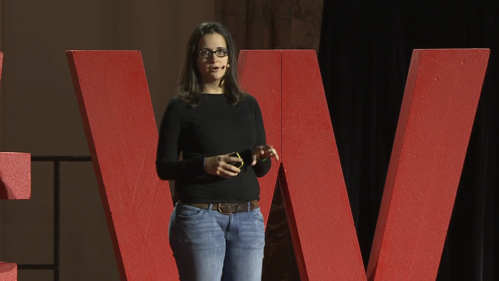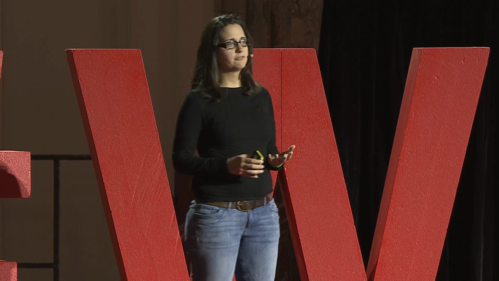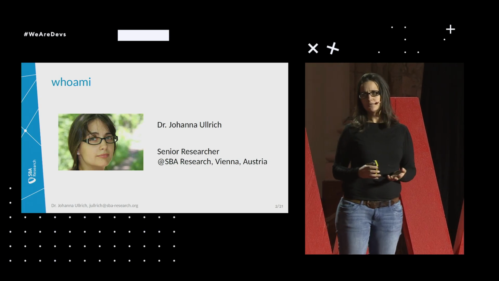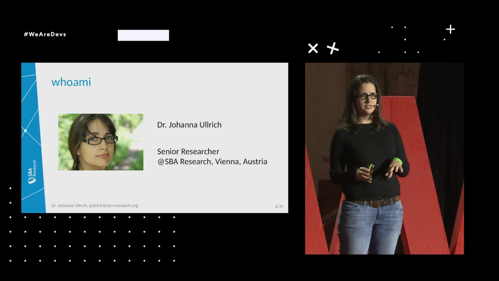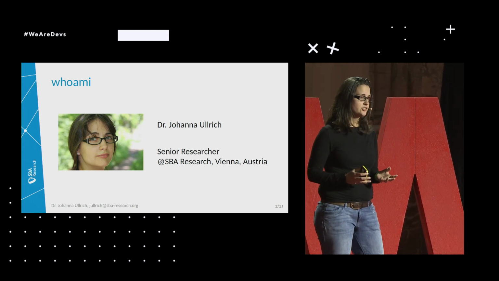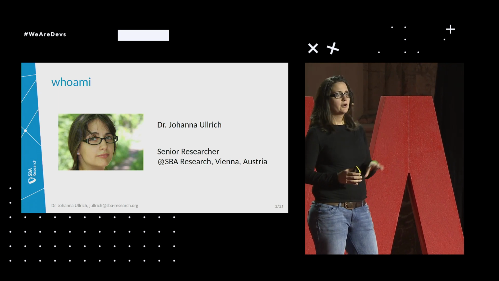I'm focusing there mainly on network security and cloud security. And I also have an interest in what is now called cyber-physical systems, so bringing security to some old traditionally engineered systems and keep them secure.